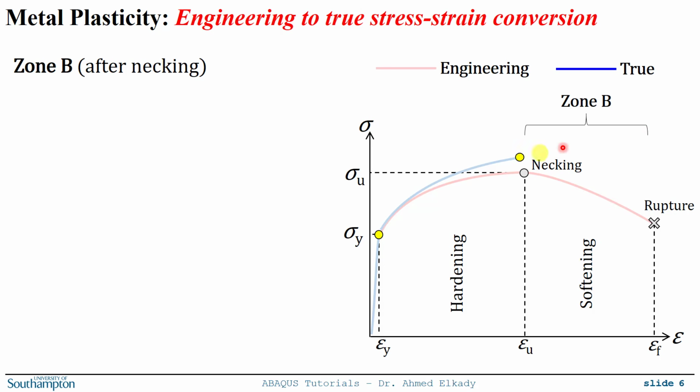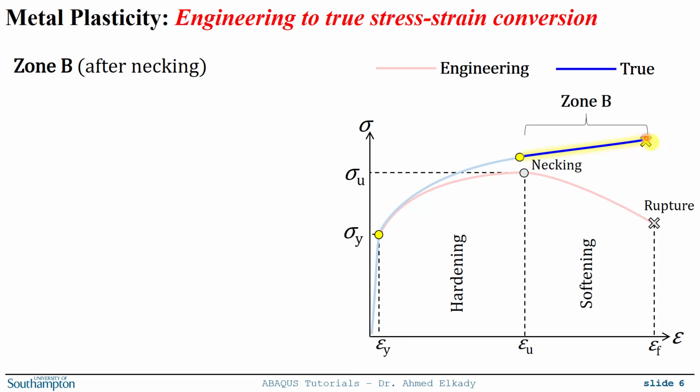What we can do is extend the true stress-strain as a straight line to this point, the last point, which is the rupture point or the total failure point of my test. If I really know the true values of the stress and strain at this point, then I can just join the two points with a straight line.